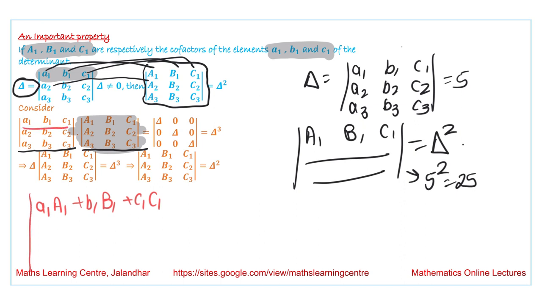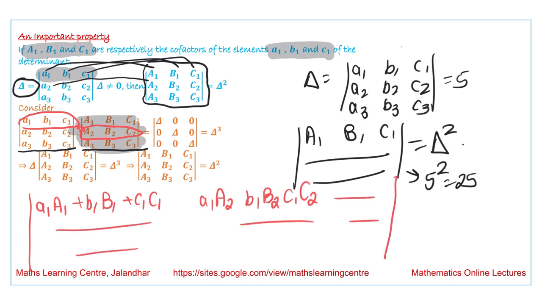Next, this first row will be multiplied with the second row over here, so that will be A1 into A2, B1 into B2 and C1 into C2. Likewise, we will obtain the third element. Similarly, we will have elements over here.